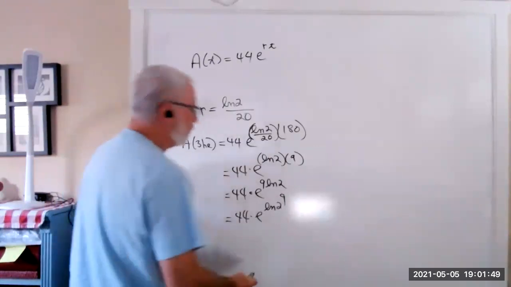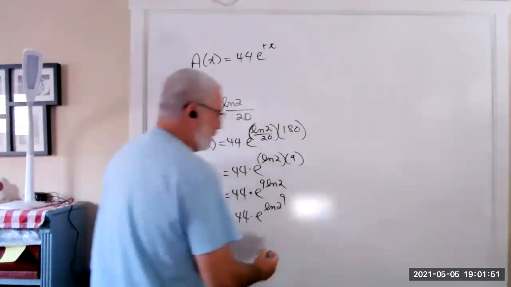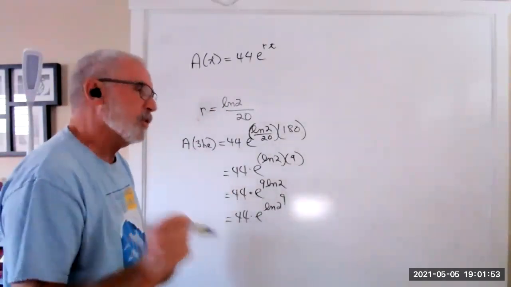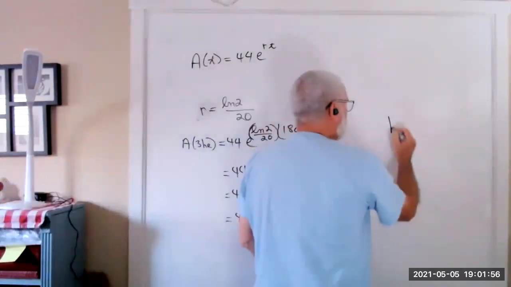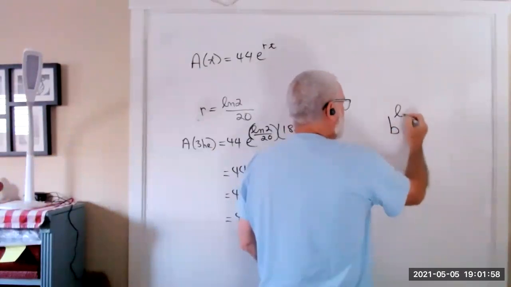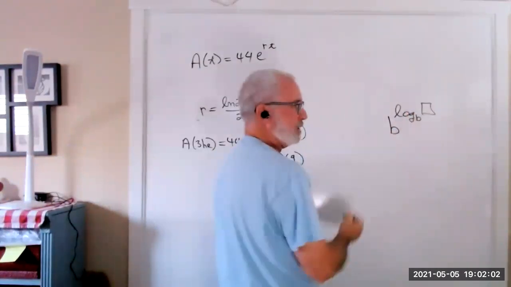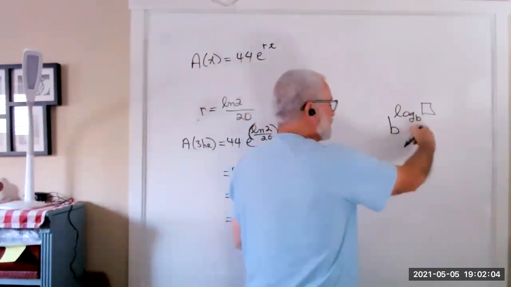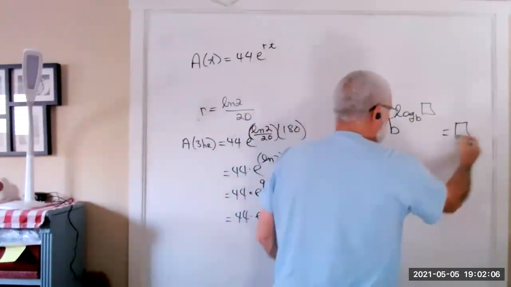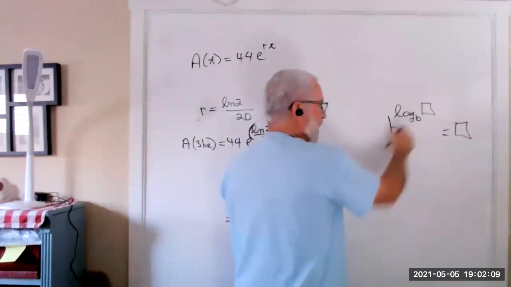All right, now is where the magic comes in. We did a problem earlier tonight that used this formula, b raised to the log base b of something becomes this something. These two canceled out.